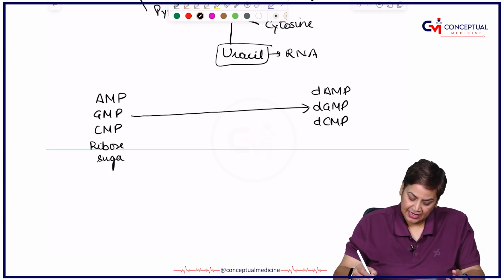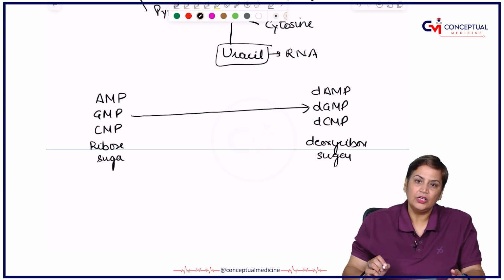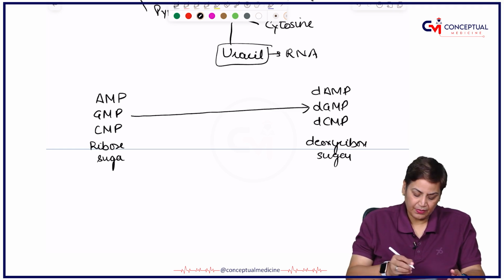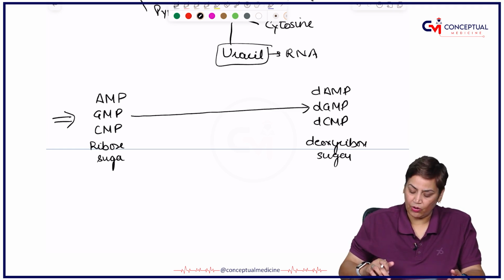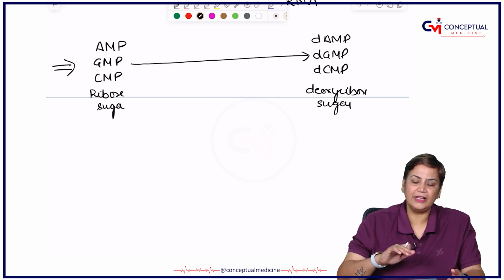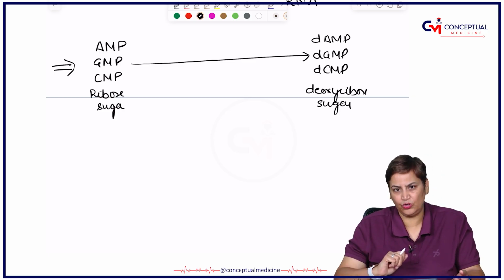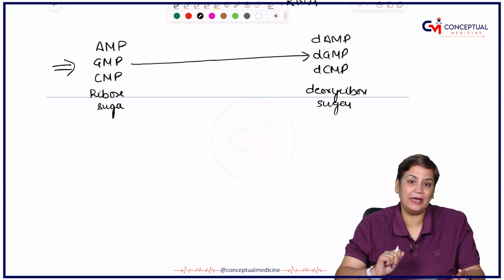So I can say ribose to deoxyribose sugar. This type of reaction will be called conversion of the ribonucleotides to deoxyribonucleotides, and how is it made possible?